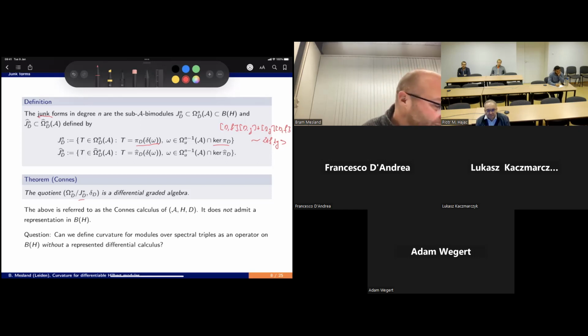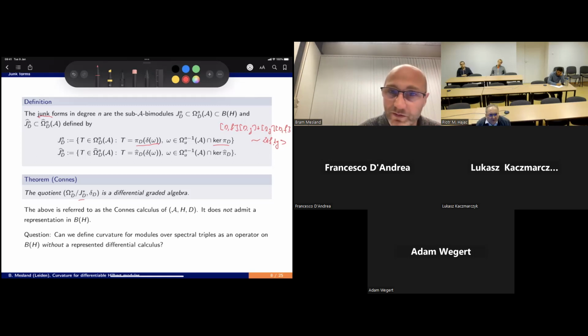And that's the central question that this talk will be about: can we define curvature for modules over spectral triples operatorially? So can we realize curvature related tensors actually as operators on B of H. And as I've argued here for you, there is no representative differential calculus. So we should just let go of that and work with what we do have.